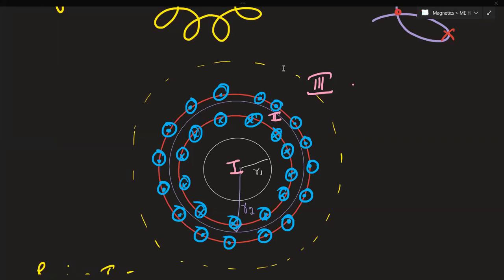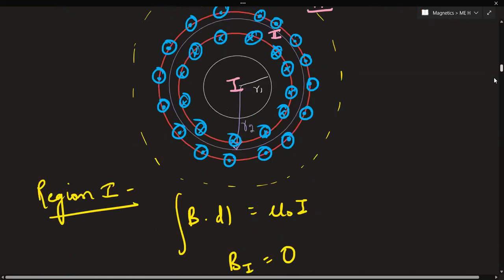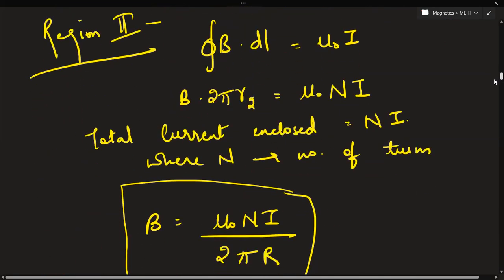See region 2, Fahad. Region 2 is this. So in this region, if I write the integral of B dot dl is equal to mu naught I, what is the integration of dl? We have studied so many times that if you integrate all these infinitesimal lengths dl, that will give you the complete length of the circle, L. And L for a circle is 2 pi r. So the left hand side is solved: B into 2 pi r.